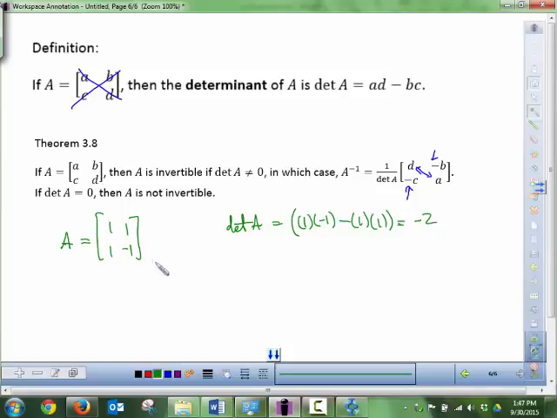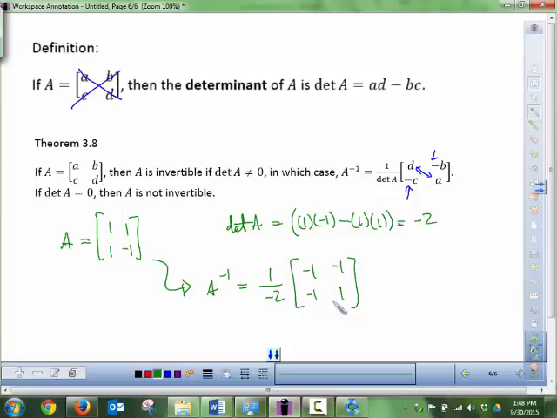And so A inverse should equal 1 over the determinant, which is negative 2, times, what do we have to do? We have to switch the diagonals, so the negative 1 and the positive 1 switch. Switch the diagonals, and then negative the wings. So I'll put a negative in front of both of these.